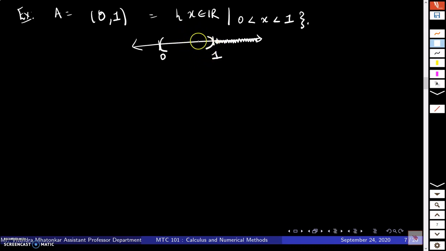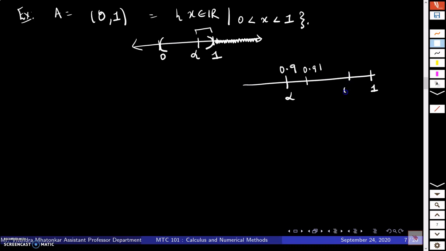If you assume that there is any other upper bound here which is less than 1, if you pick up alpha here, then this alpha cannot be an upper bound of A, because there are so many points here which are bigger than alpha. Even if you zoom in between alpha and 1, there are so many points here. Even if this alpha is 0.9, there are so many points even here. 0.91 is there, 0.92 is there.